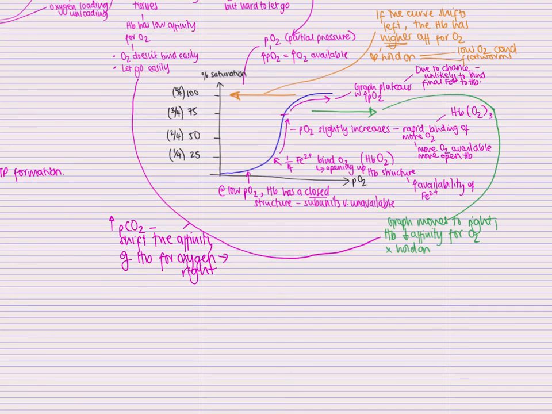So the graph shifts to the right because the carbon dioxide has a negative effect on the hemoglobin structure. Okay, because the carbon dioxide is able to dissolve in solution to form carbonic acid, and that's going to affect the 3D structure of our protein. And this shifting of the affinity is called the Bohr shift, relating to the properties of carbon dioxide.